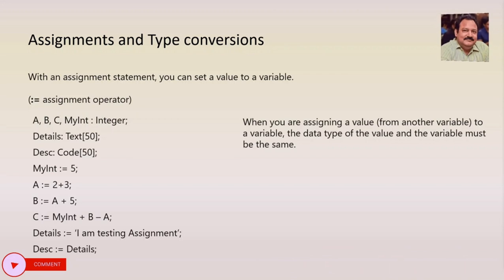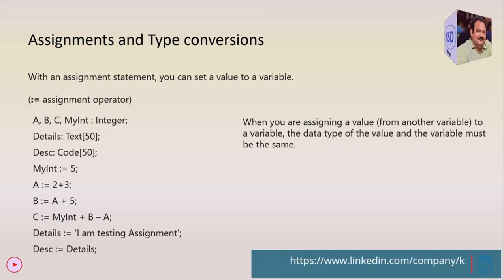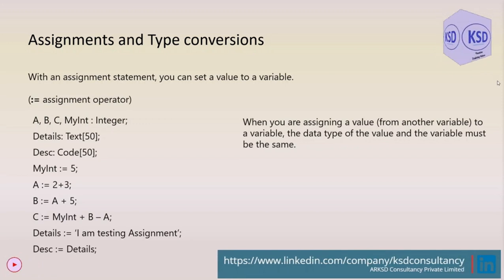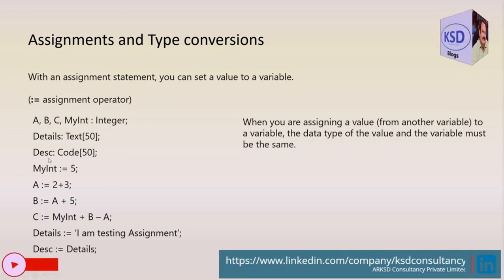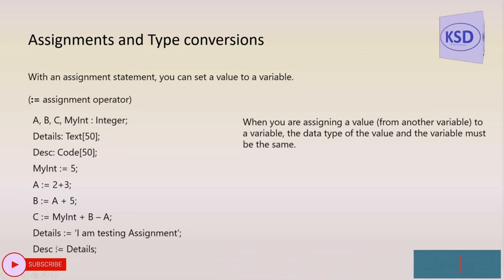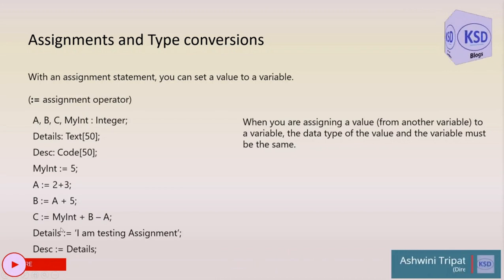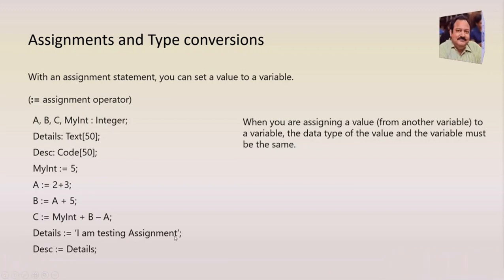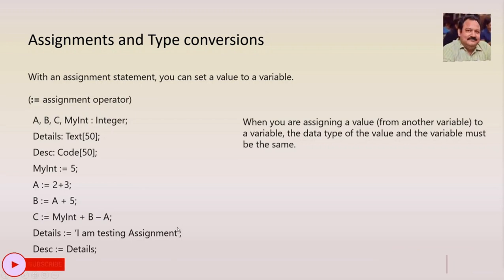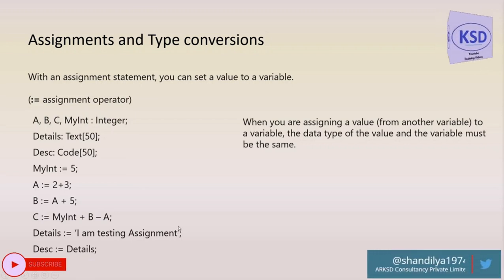If it is beyond that, again, the data will be lost. In the case of details being assigned to the description, it can be done. The only difference is that all the characters will be converted to uppercase, because the code type can only store values in uppercase.